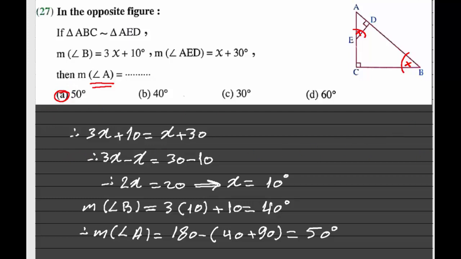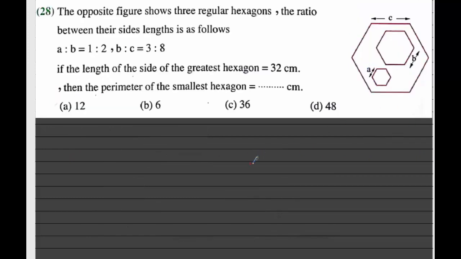Next question, question 28. Here we have in the opposite figure 3 regular hexagons, and the ratio between their side lengths is as follows: A to B, it's a given, okay?